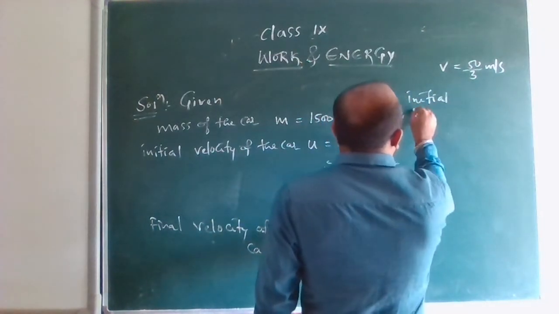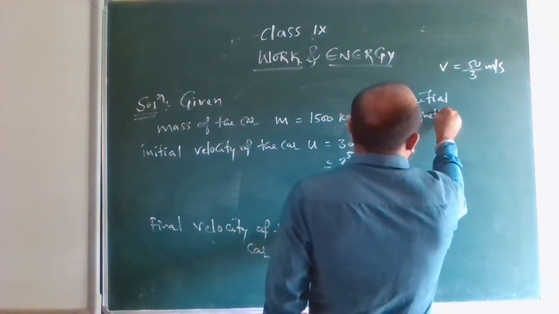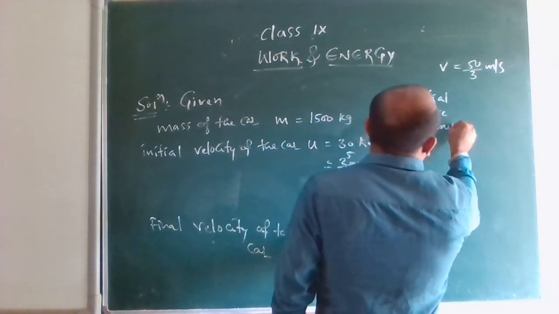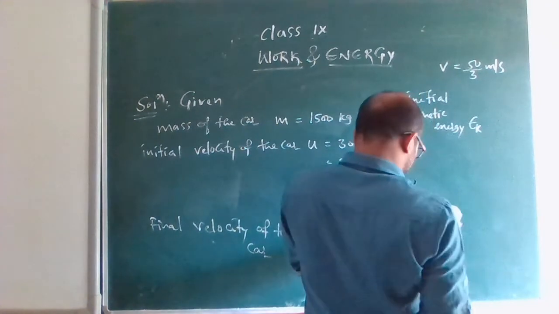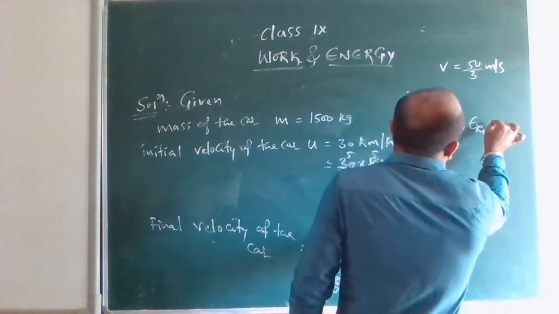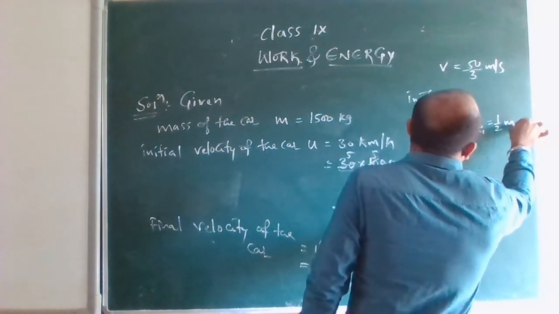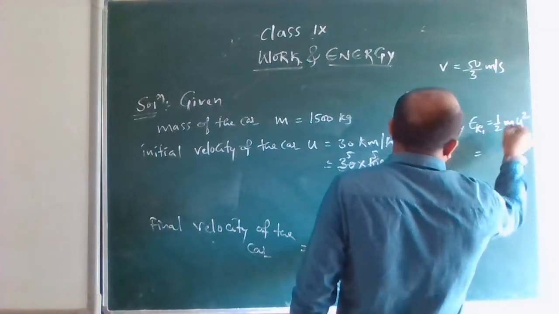Kinetic energy, that is EK. You can call it EK1 or EKI. That is half m u square. The initial velocity is u.